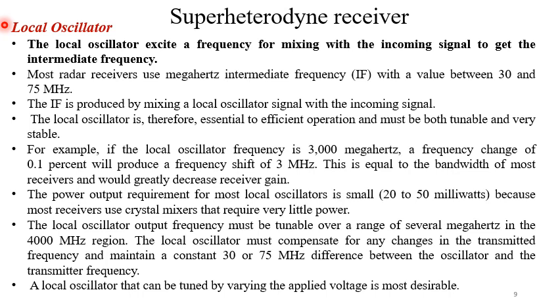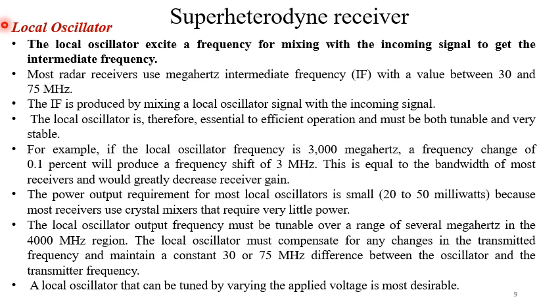The power output requirement for most local oscillators is small, nearly 20 to 50 milliwatts, because most receivers use crystal mixers that require very little power. The local oscillator output frequency must be tunable over a range of several megahertz in the 4000 megahertz or 4 gigahertz region.